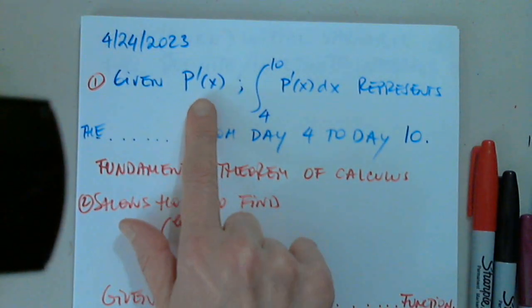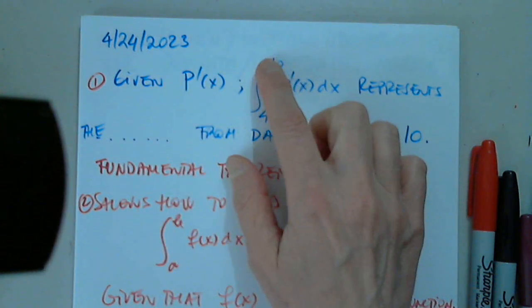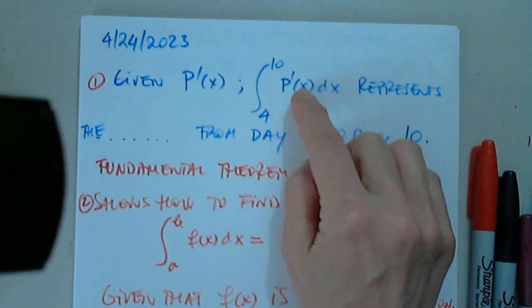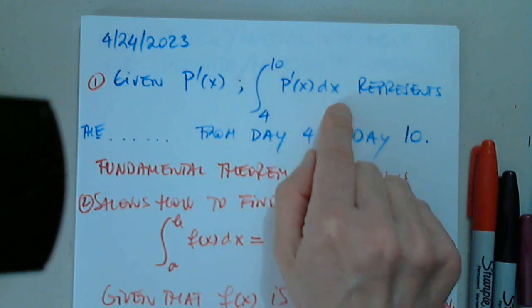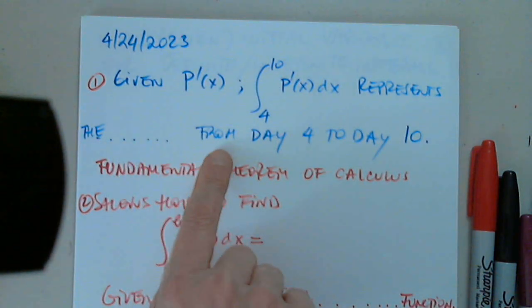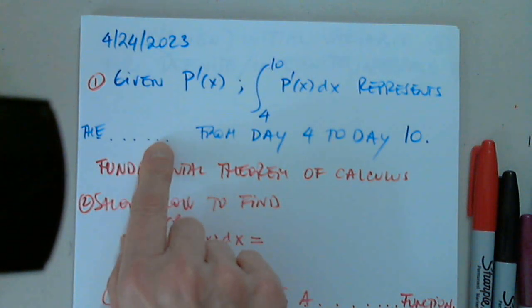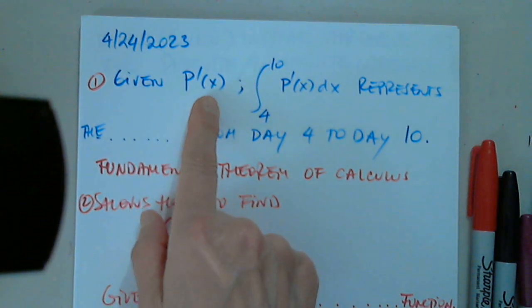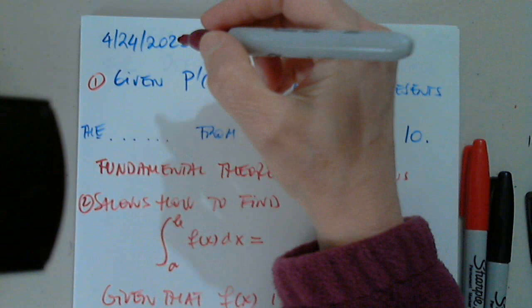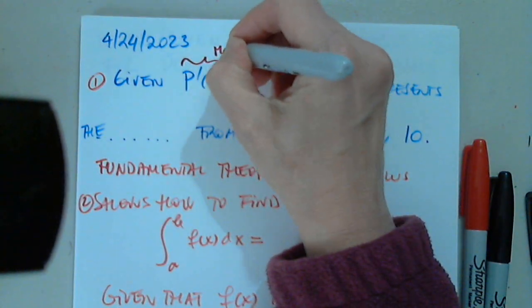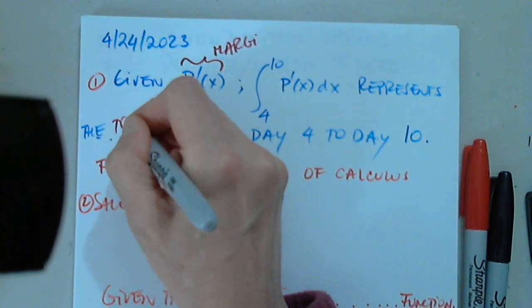So if we are given p prime of x, the integral from 4 to 10 of p prime of x dx represents the what from day 4 to day 10? What does it represent? Of course, this is a marginal profit. The total. Yes, total.